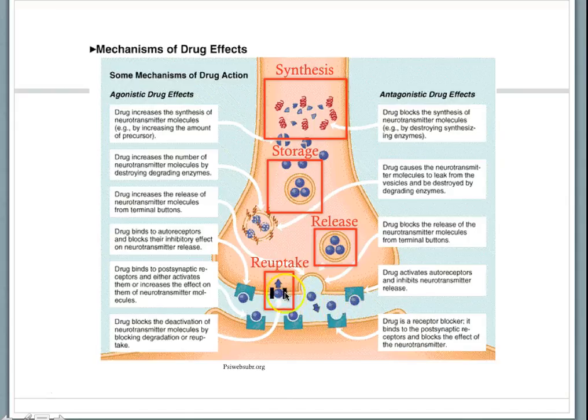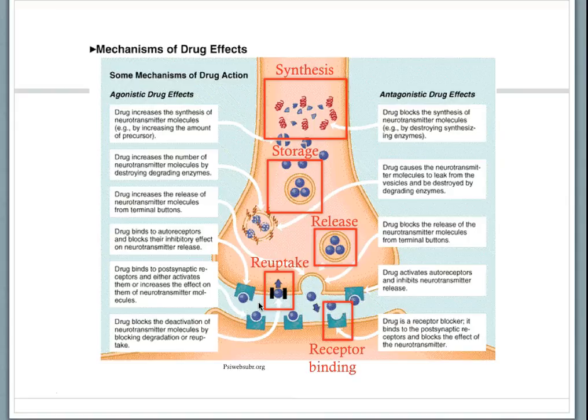Well, if we block the reuptake, that means that this neurotransmitter, assuming that it's not all going to get degraded in the synaptic cleft, because remember, some neurotransmitter does in fact get degraded by degradative enzymes such as monoamine oxidase or acetylcholinesterase, but despite the fact that some of it's being degraded, we're still going to have a bunch of it that would normally get reuptaken, right? That's not going to be reuptaken and is not going to be degraded. It's still going to be present in the synaptic space and able to bind more to the receptors, okay? Or speeding that up, it would do the opposite effect, okay?